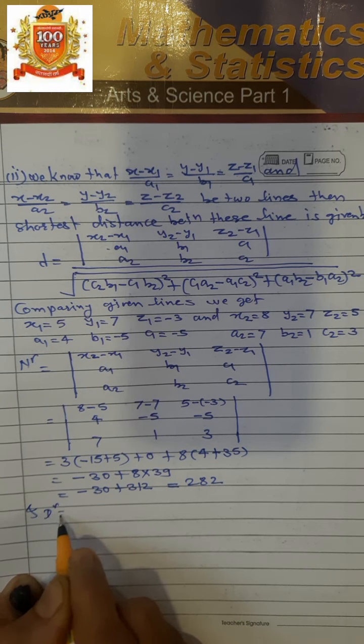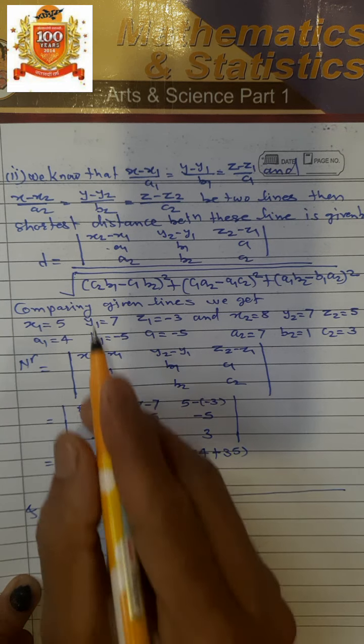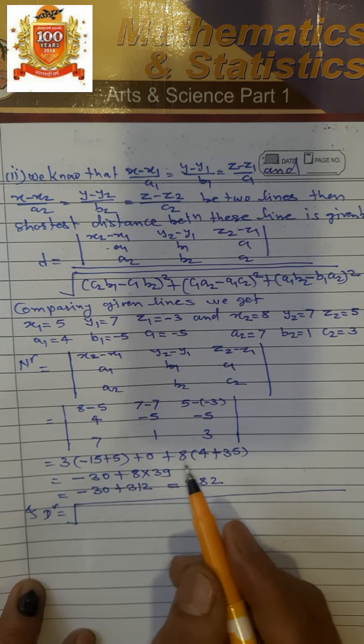And the denominator is equal to square root of (c2 b1 minus c1 b2).